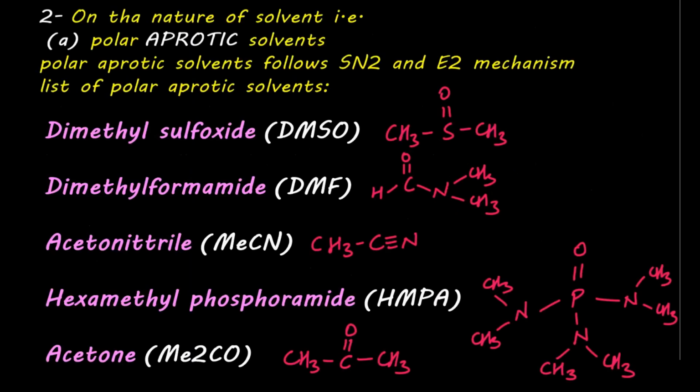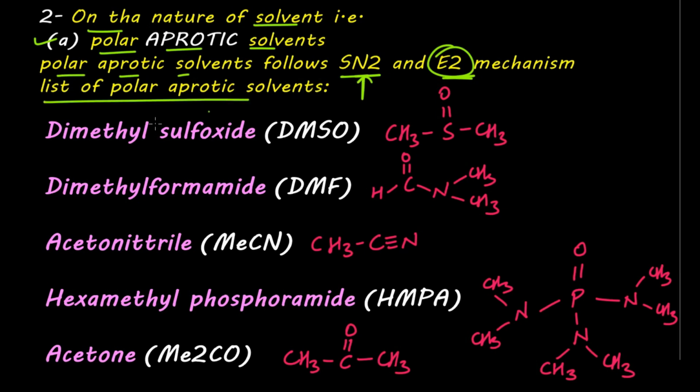Now let's move to the second factor, that is the nature of solvent. How the mechanism depends on the nature of solvent. First, if the solvent is polar aprotic solvent, then it will follow SN2 mechanism or E2 mechanism. E2 mechanism we are not discussing right now, so focus on SN2. So in simple terms, polar aprotic solvent follows SN2 mechanism.